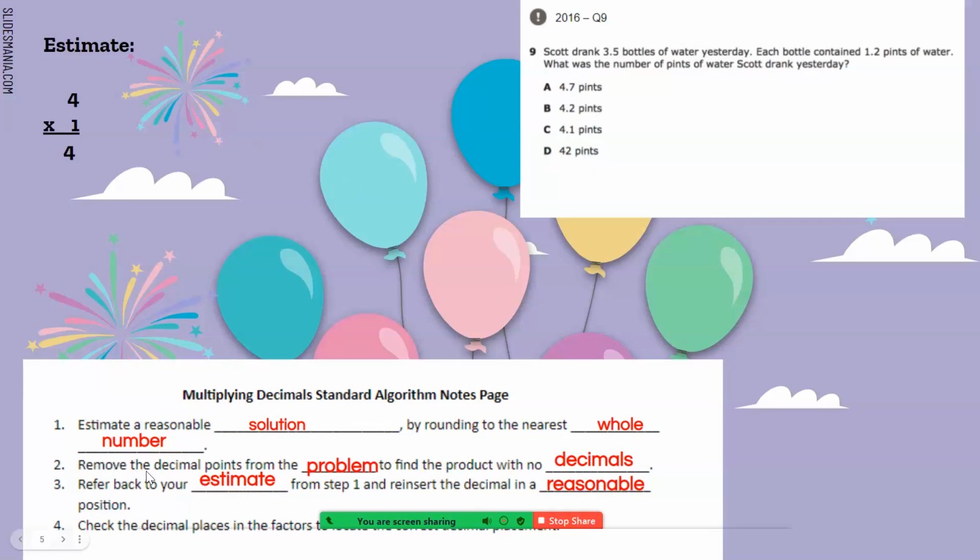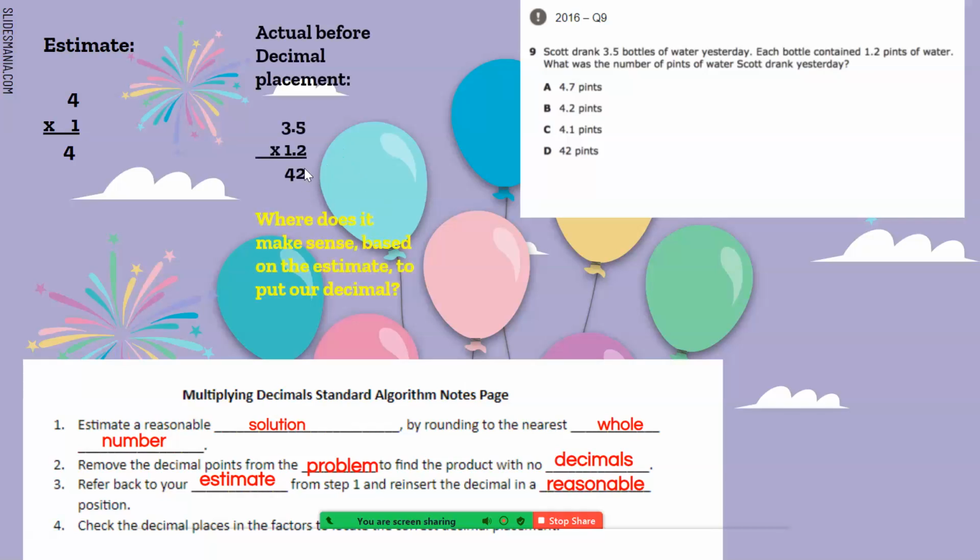The next step is to remove the decimal points in our minds from the problem to find the product with no decimals, okay? So we're going to do that. And so here's my product with no decimals. 42, which is an answer choice, but I know my estimate has to be close to 4, right? And so where does it make sense to put my decimal based on what my estimate was?